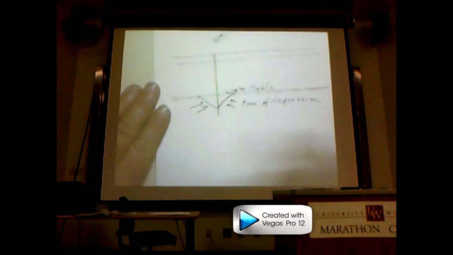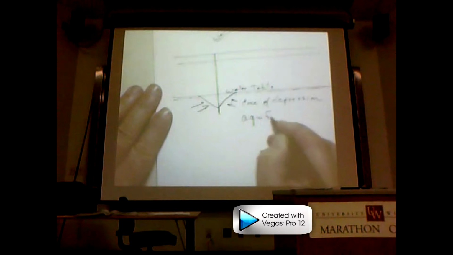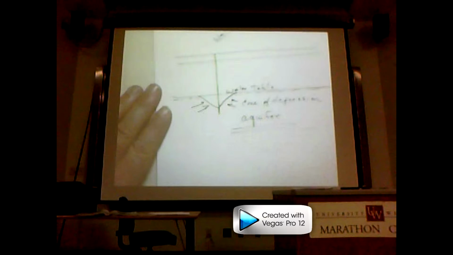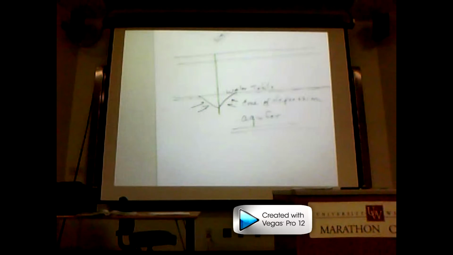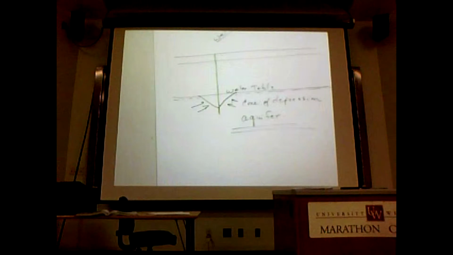This zone of saturation is embedded in either a rock unit or sediment. That rock unit or sediment that maintains the water supply is referred to as the aquifer. Good aquifers are things like sandstone, conglomerate, sand and gravel.